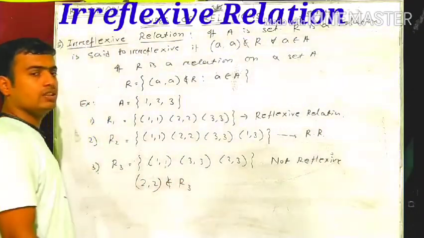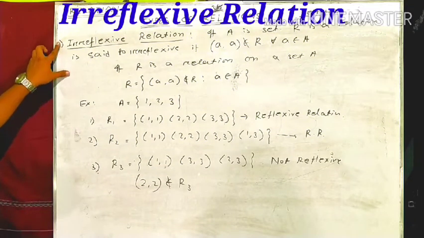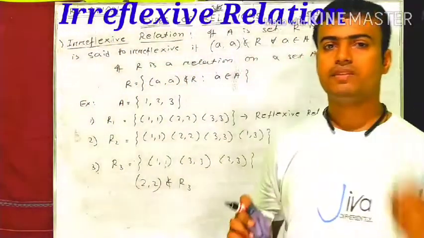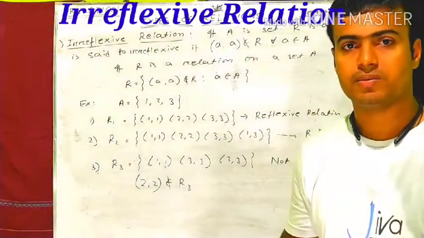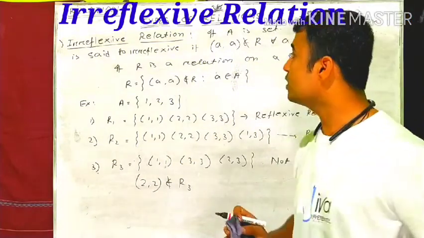So this relation is not reflexive. So here we discussed reflexive relation and irreflexive relation. Reflexive means each element of A is related to itself, but irreflexive says each element of A is not related to itself.